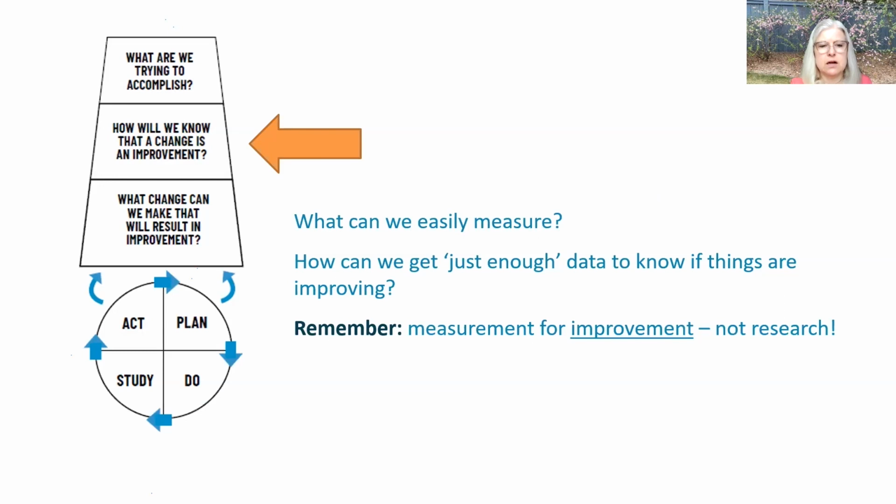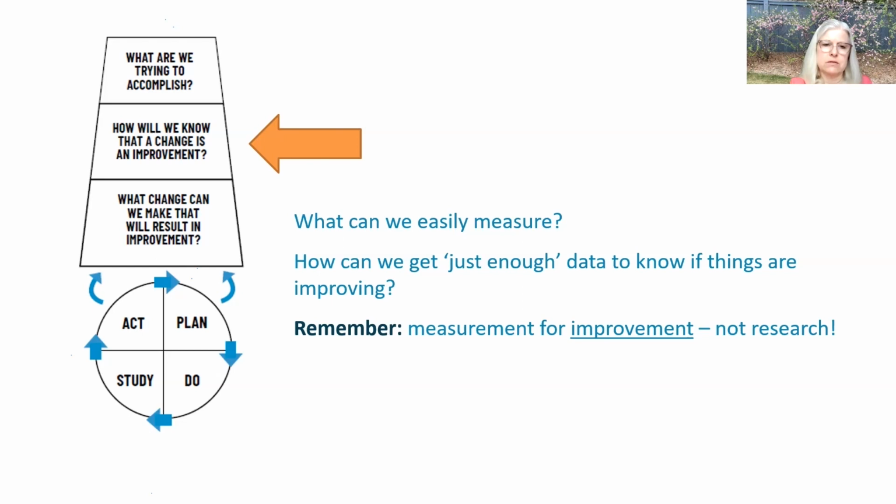Then another consideration is you have to make sure that there is something you can measure. So what can we measure? How are we going to measure it? Thinking back to access, a common way to measure access is TNA, which stands for third next available.